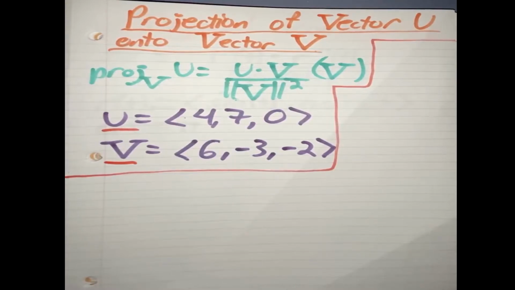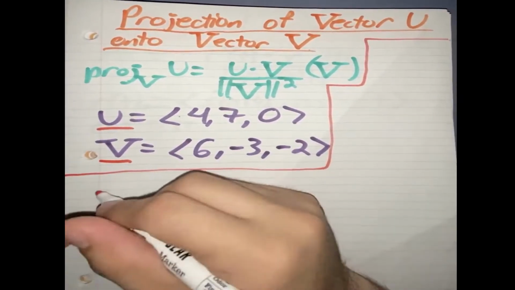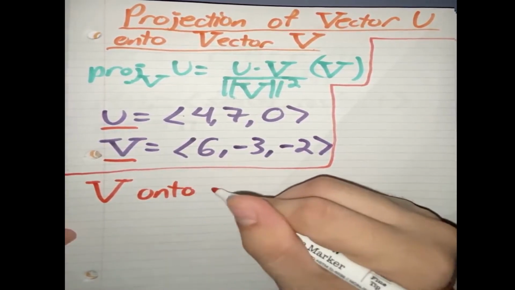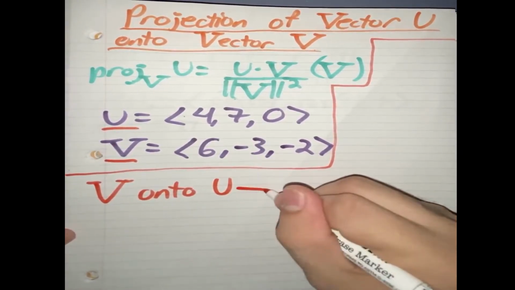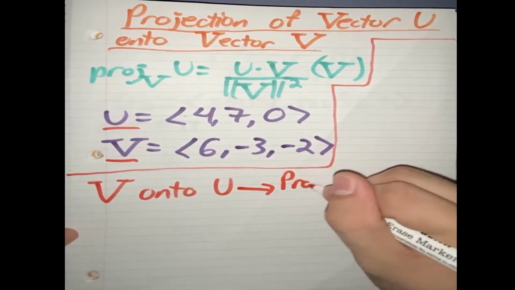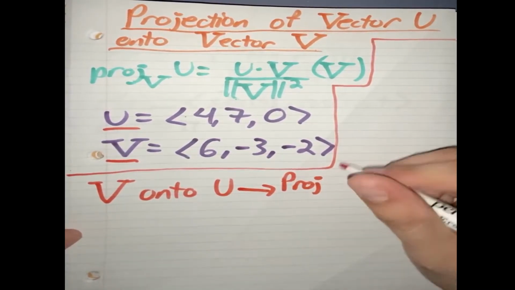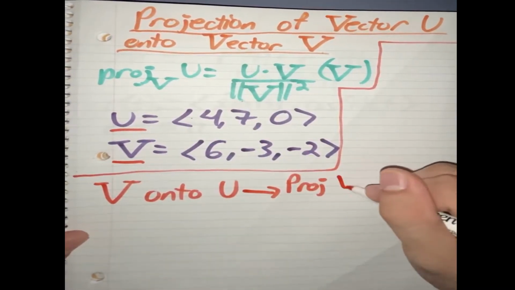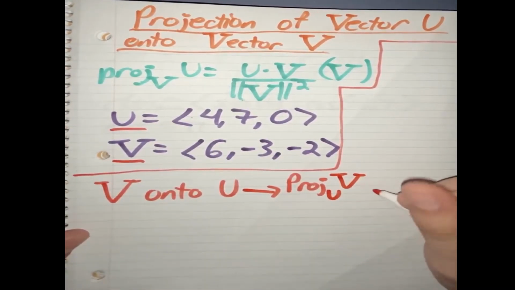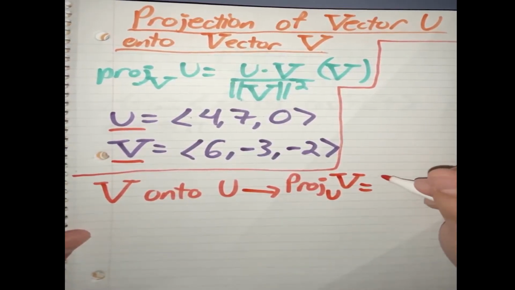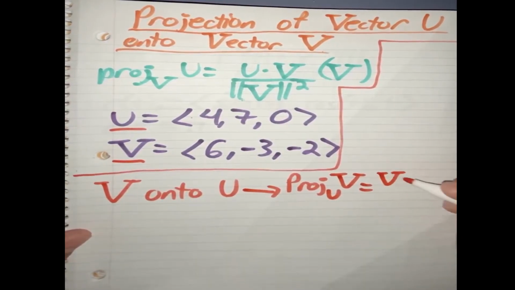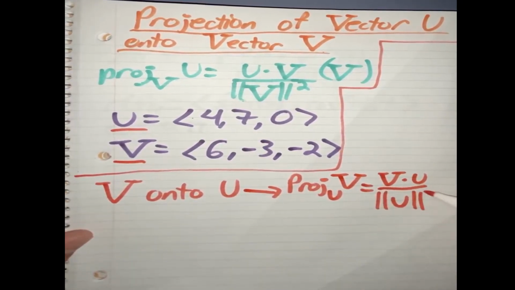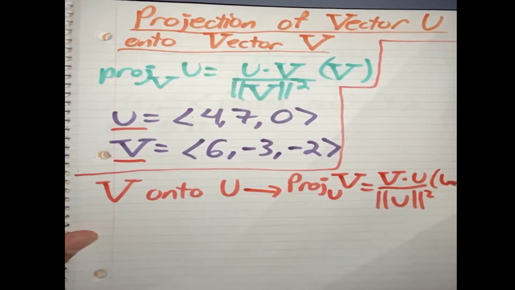So let's say, for example, if it was vector v onto vector u, then the formula would look like this. So instead of u onto v, we would flip these. v onto u, which is equal to v dotted with u divided by the magnitude of u squared times vector u.